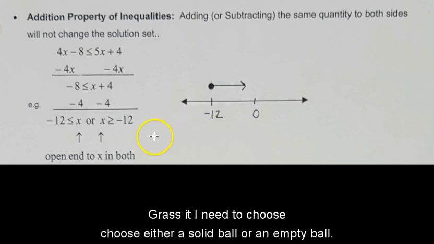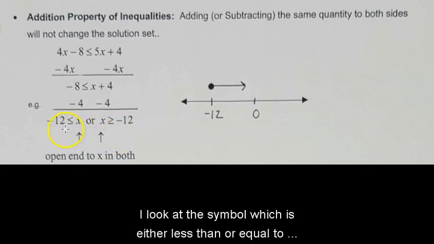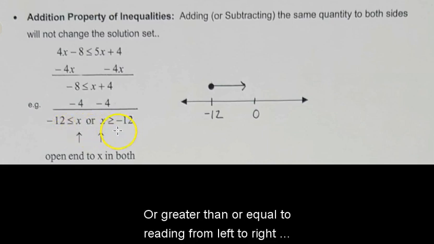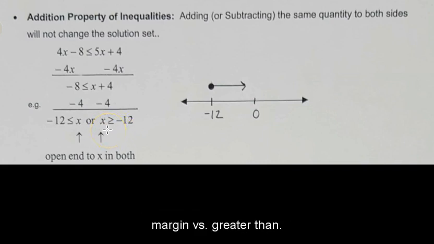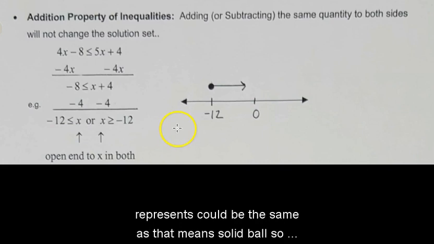To graph it, I need to choose either a solid ball or an empty ball. I look at the symbol, which is either less than or equal to, reading from left to right, small end first is less than, or greater than or equal to, reading from left to right, large end first is greater than. But both have the half of an equal sign underneath, which represents could be the same as.